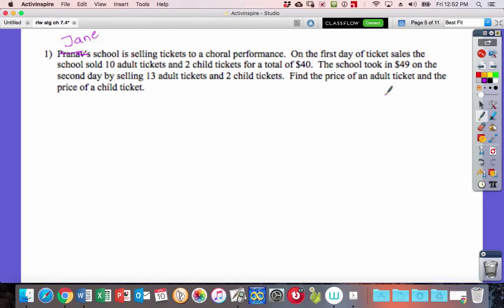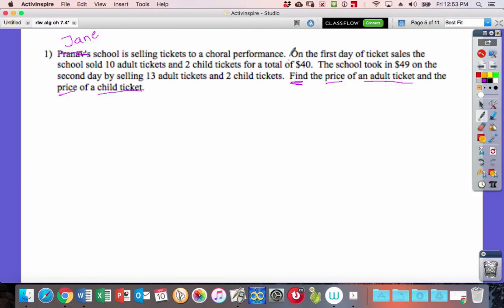On the first day of ticket sales, the school sold 10 adult tickets and 2 child tickets for a total of $40. The school took in $49 on the second day by selling 13 adult tickets and 2 child tickets. Find the price of an adult ticket and the price of a child ticket.